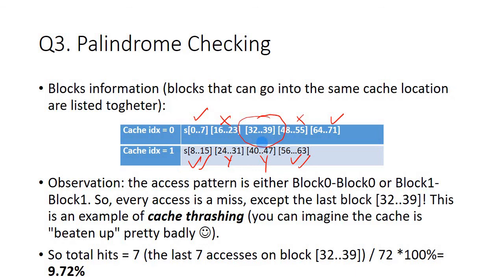So effectively, for this last 8-byte access, the first one is a miss and the rest are all hits. So only the last 7 are hits, for this block 32 to 39. So 7 out of the total 72 accesses, which is 9.72%. You can see the hit rate is very, very low with just a small change of your string size.